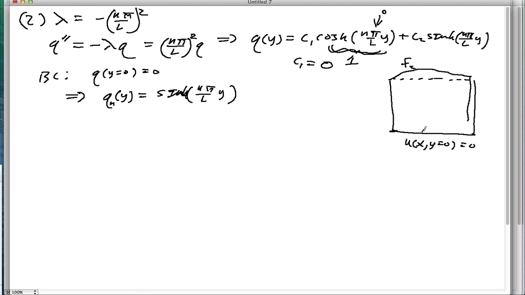And so what about this boundary up there? So what happens when y is equal to h? Well, let's put that off till later. Together we can put the two solutions together, and so we have a whole family of solutions.